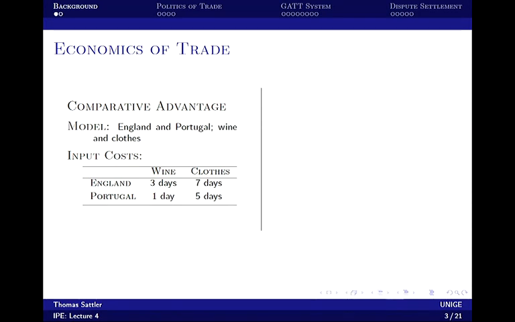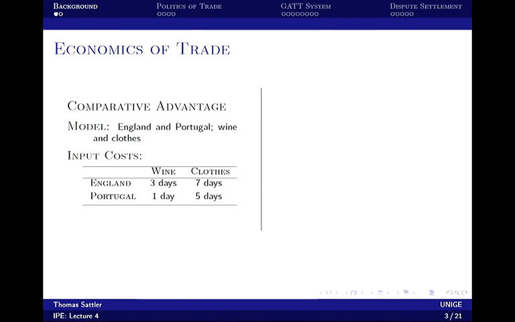So now we want to exchange these goods, right? We assume we don't have any money here. If you produce one bolt of clothes, that takes 5 times in Portugal the time of producing a bottle of wine. So for one bolt of clothes, you could buy 5 bottles of wine in Portugal.